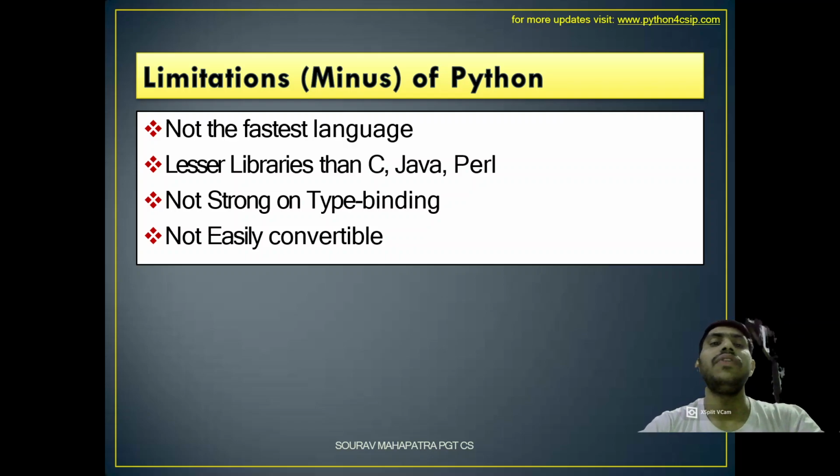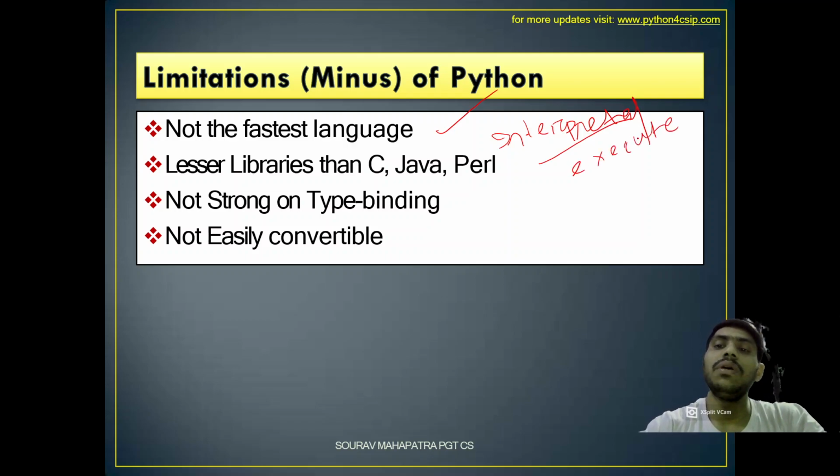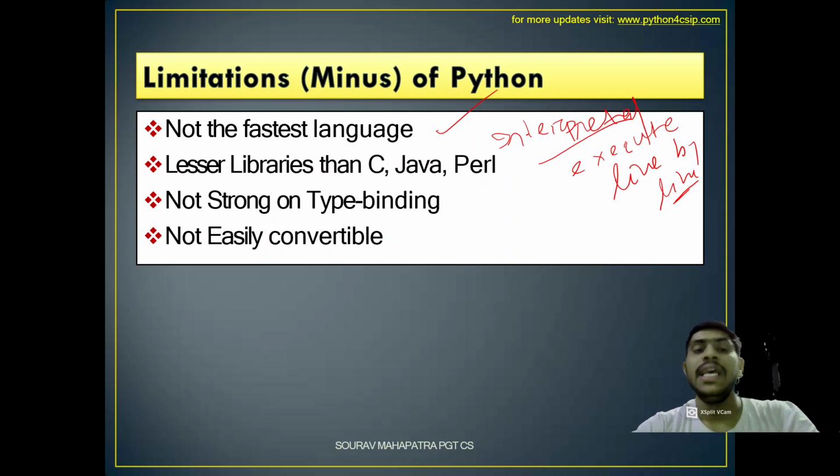It is not the fastest language because it is an interpreted language. When it is using an interpreter, it will execute line by line. I have told you in the previous video also, it executes line by line. That's why it will take more time compared to other languages. Lesser library than C, Java and Perl.